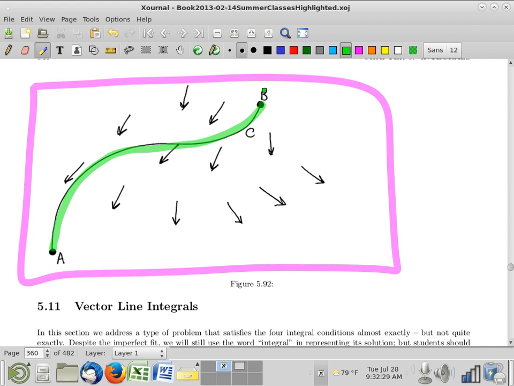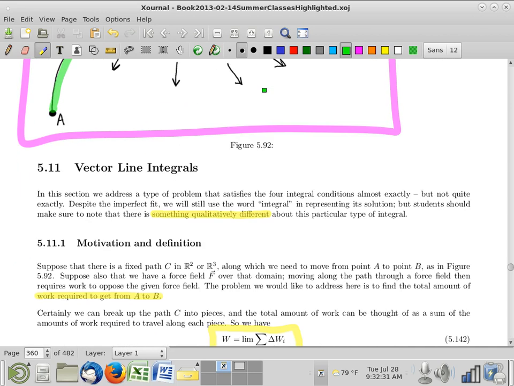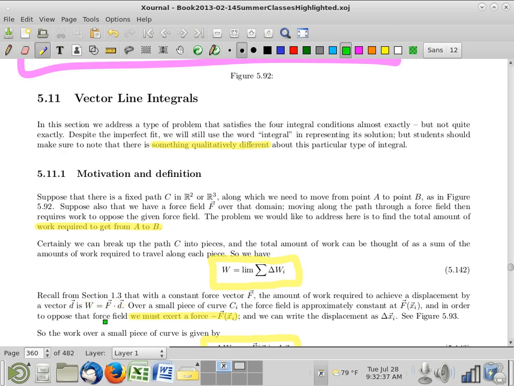Well, now you might recall from long ago, this is very early in the course, we wrote down this formula: work equals force dot displacement. And this was from chapter 1. It's a variation on an old high school formula: work equals force times distance.